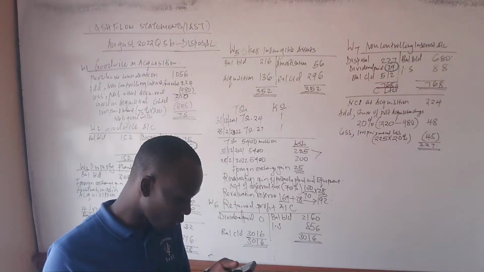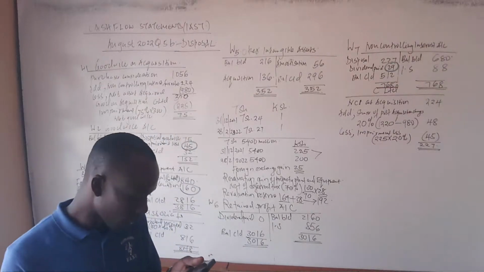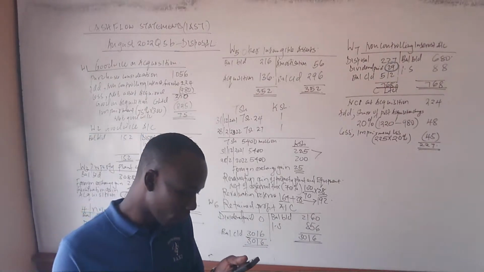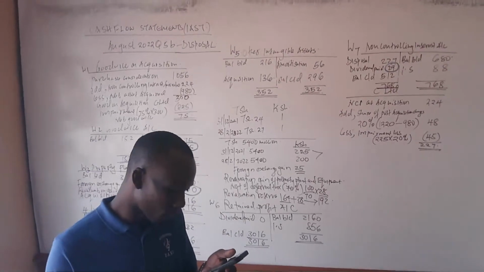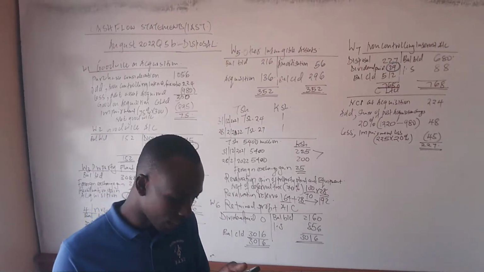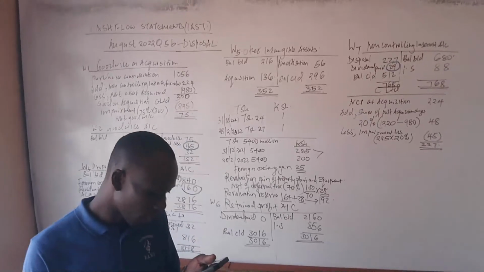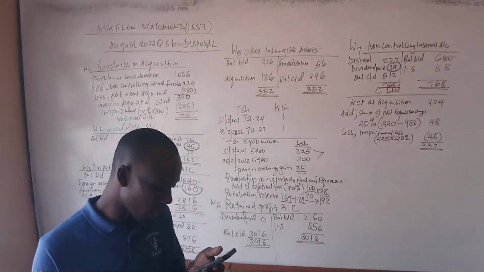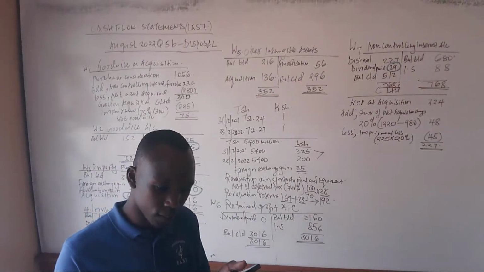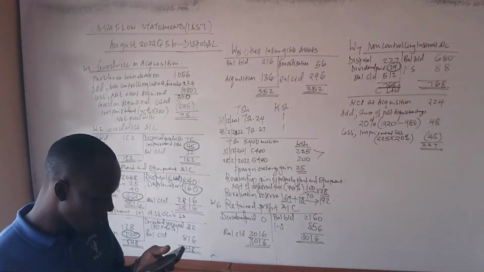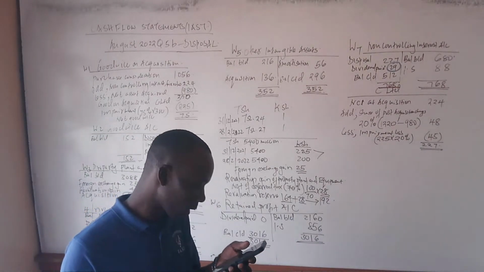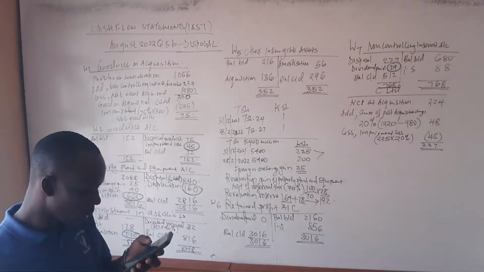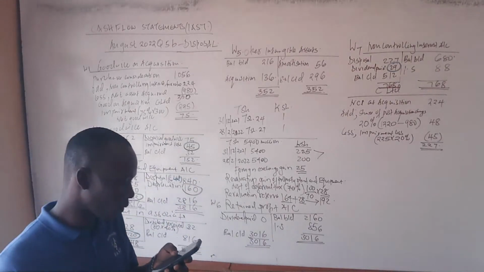Where we have loss on disposal. You are told that the loss for the period from discontinued operation in the consolidated statement of profit or loss and other comprehensive income relates to C Limited and is analyzed as follows. You are given the profit before tax, income tax expense, and then you are given the loss on disposal.